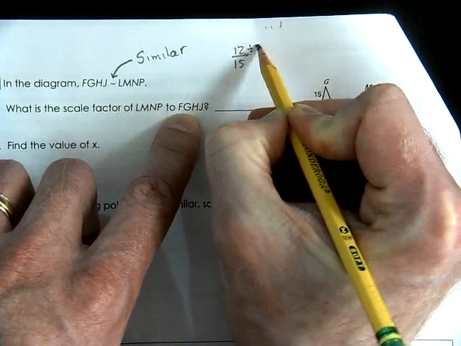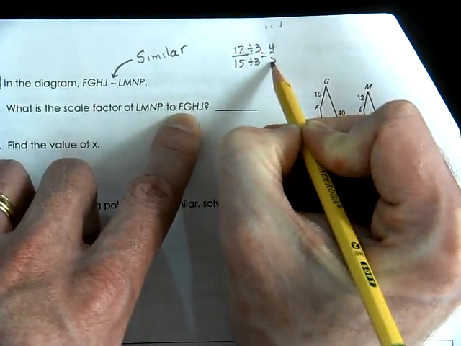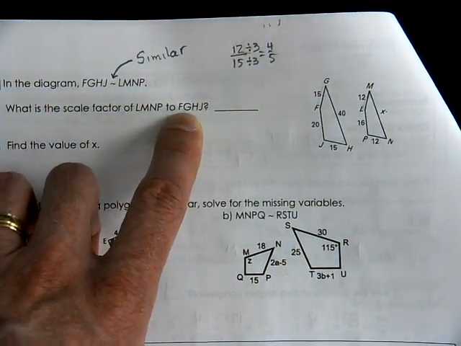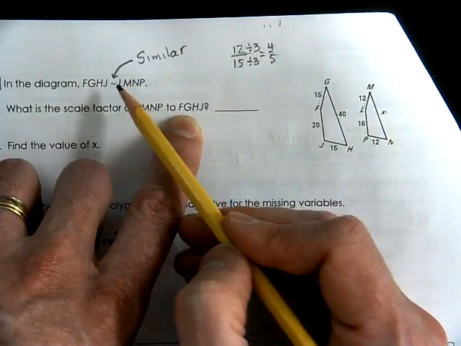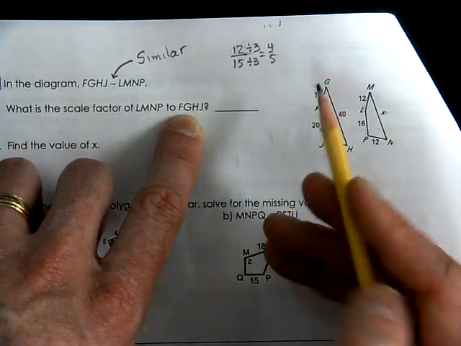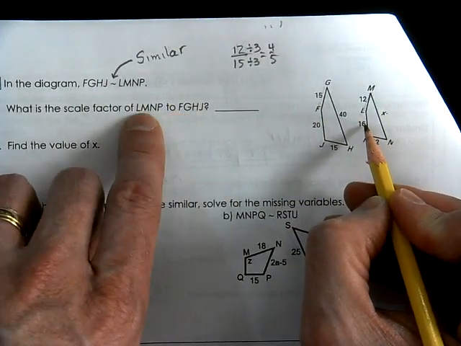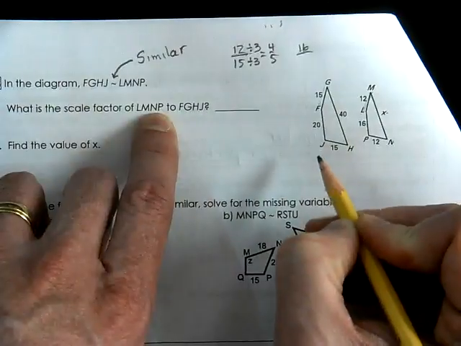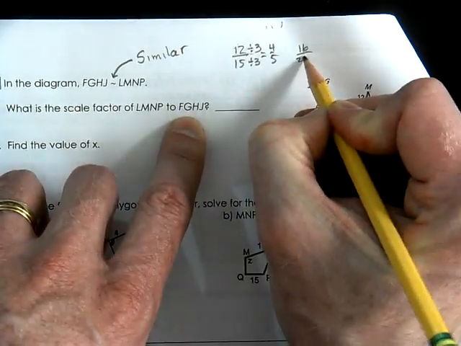If we reduce those, it looks like 3 goes into both of those. That's 4/5. By itself, that doesn't matter. They would all have to match that. But because we know they're similar, we expect them all to match that. And we can try it if we were interested in that. LP is the first and last letter. That's 16. First and last letter is FJ. That's 20.